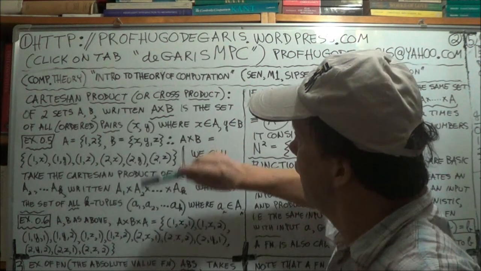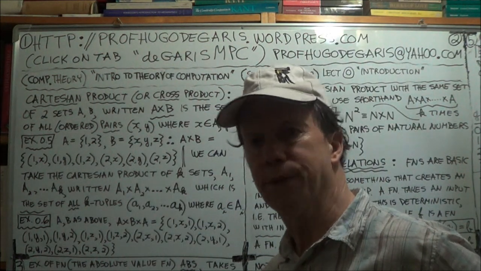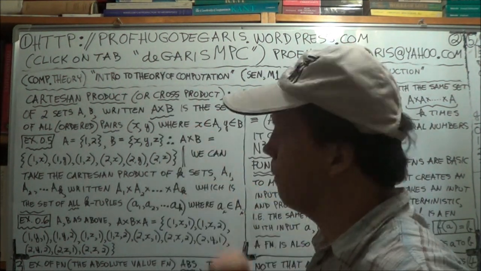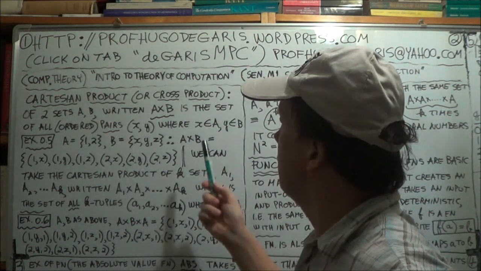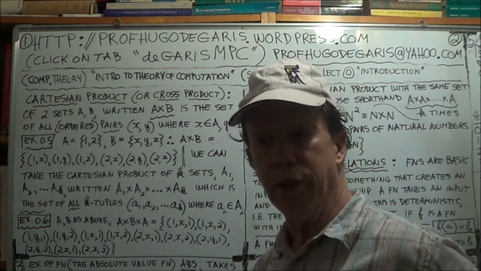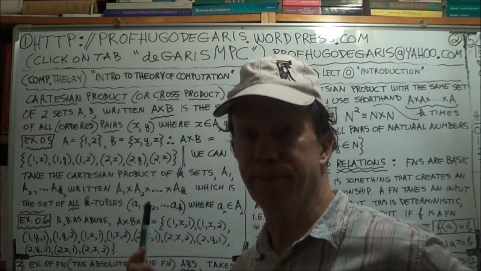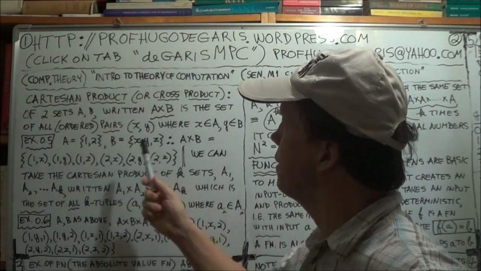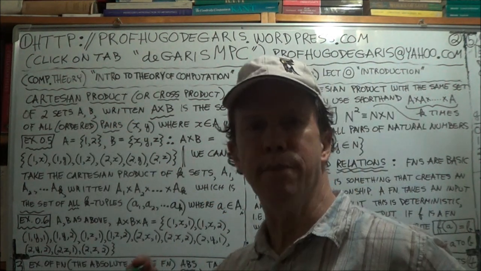So for example, if set A had m elements and set B had n elements, then the number of possible ordered pairs like this would be m times n, so mn possible pairs. So the size of your Cartesian product would be mn.